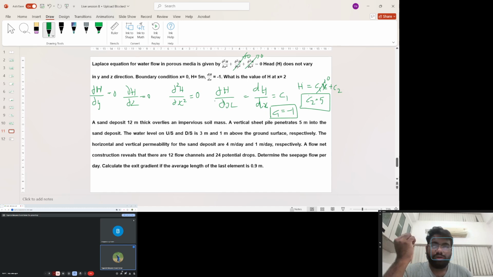So now the equation will be h is equal to minus x plus 5. So the head at x equal to 2 will be 3 meters.